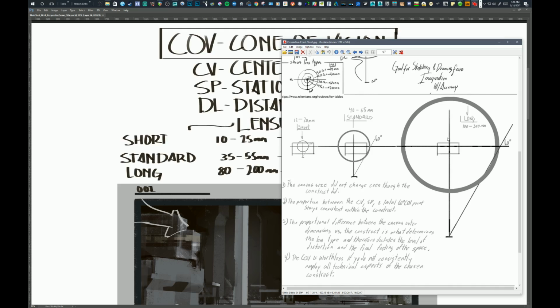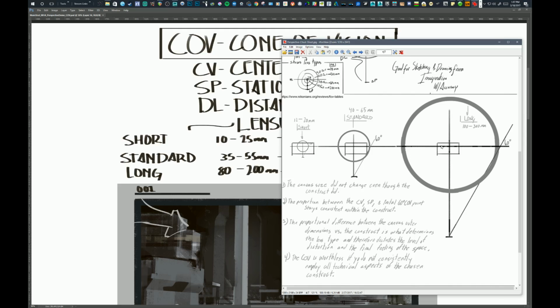This is important because if I create a 60-degree cone of vision and put a really small canvas inside that construct, I know I'll be creating a longer lens, because remember, a 10-degree field of view is smaller and creates a 200 millimeter lens, right? If I create a 30-degree field of view, I get a 65 millimeter lens, which is about that big.